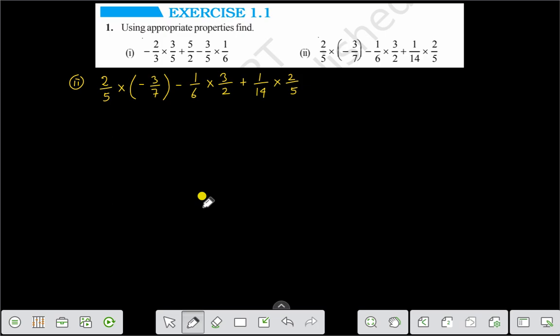Now we can write here 2 by 5 into minus 3 by 7.